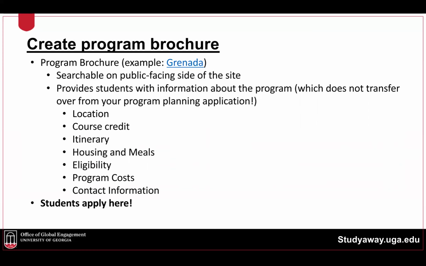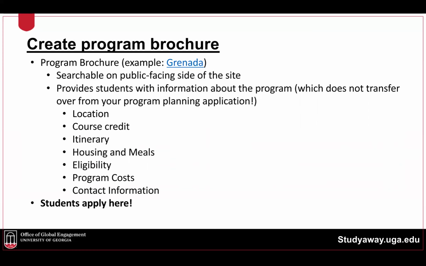This is intended to provide students with some basic information about the program, and it's really important to clarify that at this point, there is no automatic transfer of information from the program planning or the program proposal that you do to this program brochure.